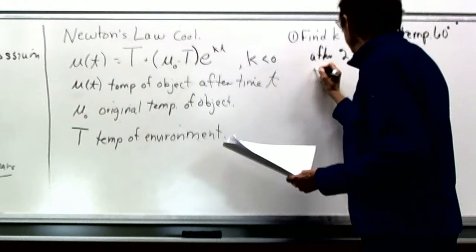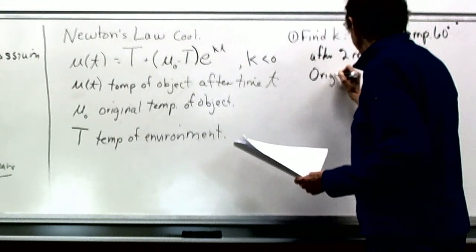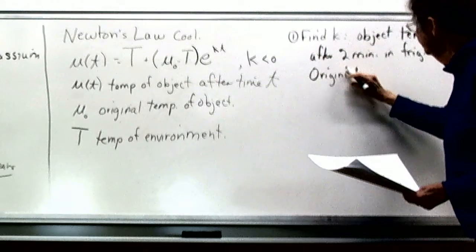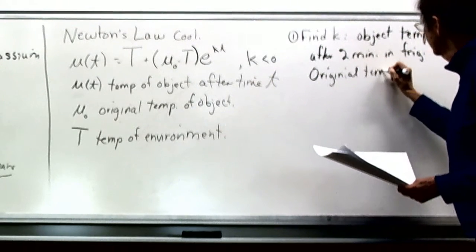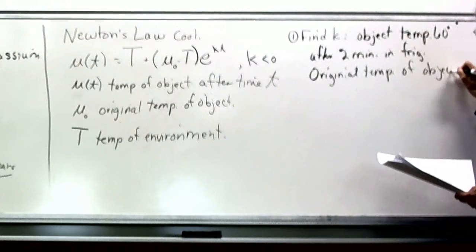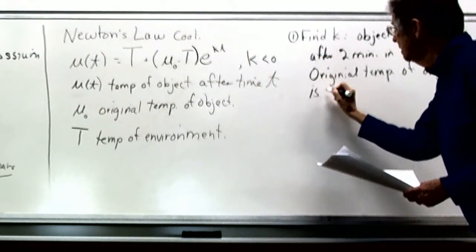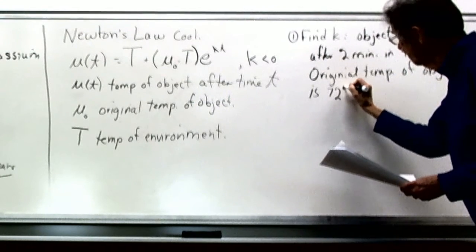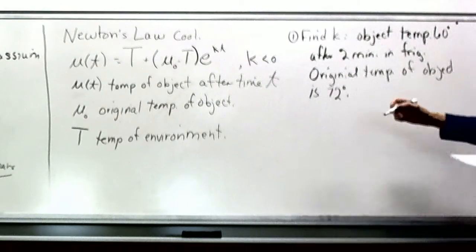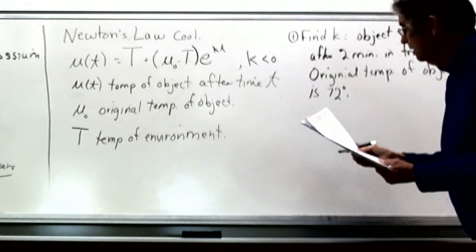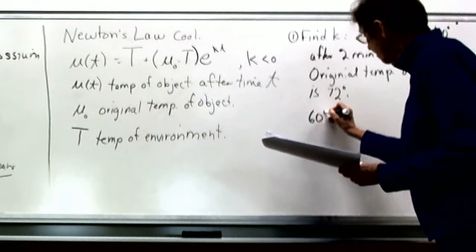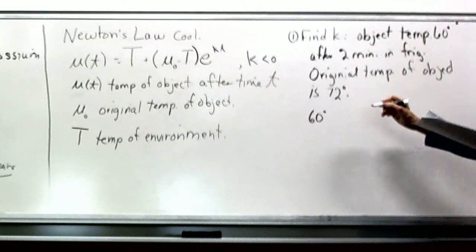We also have to know the original temperature of the object, which is 72 degrees. So plugging into our formula, we know that we have 60 degrees. That's the temperature after 2 minutes.